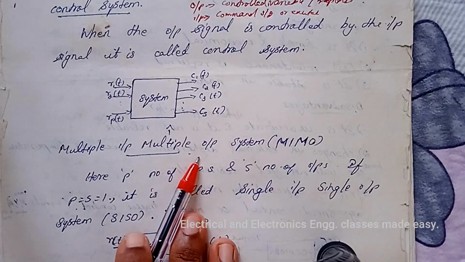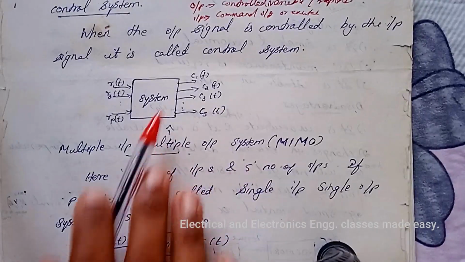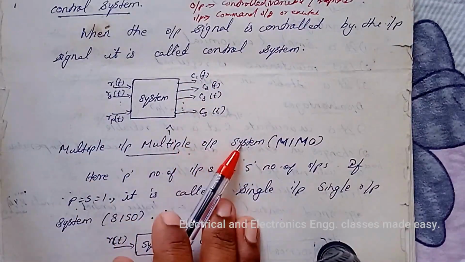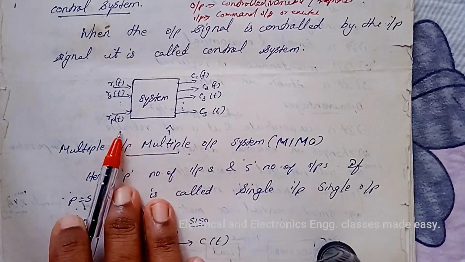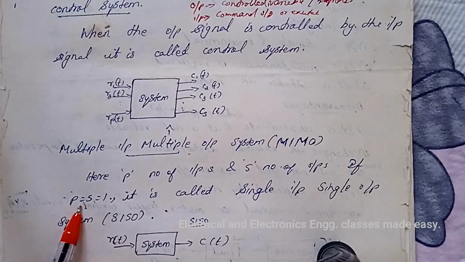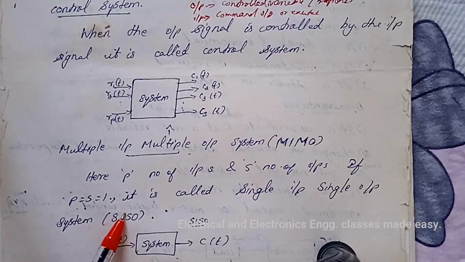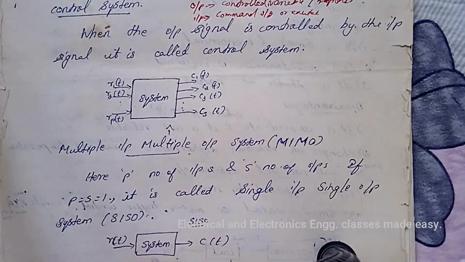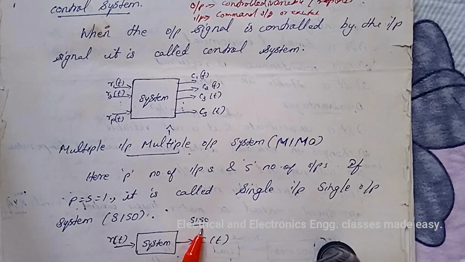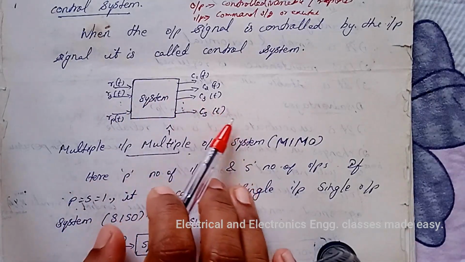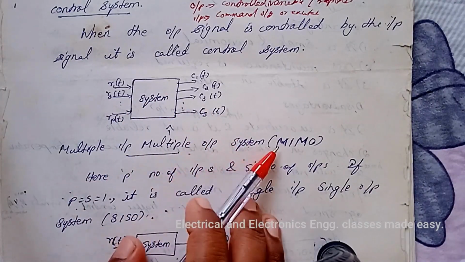And if P equal to S equal to 1, it is called single input single output system, SISO. So if only one input and one output, it is called SISO. And if a system has multiple inputs and multiple outputs, it is called MIMO.